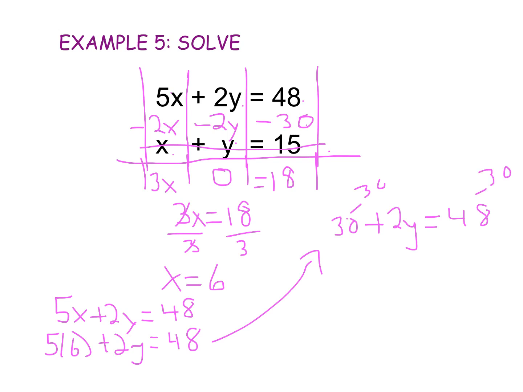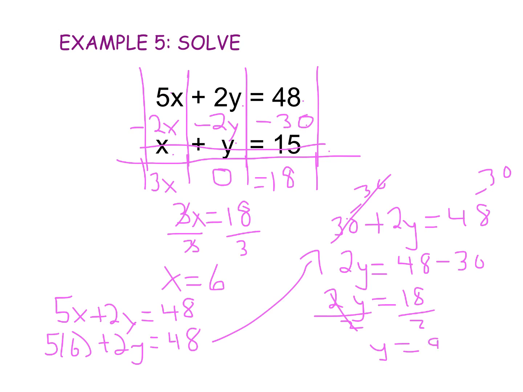I know the numbers are bigger this time, but it's still the same procedure. So we have 2y equals 48 minus 30. 2y equals 18. And if I divide by 2, y equals 9. So therefore, our point of intersection this time is x equals 6, y equals 9.